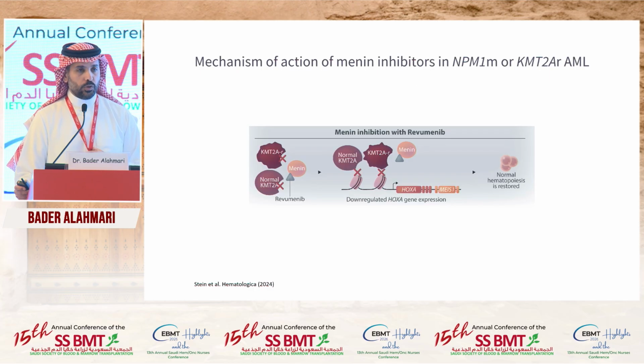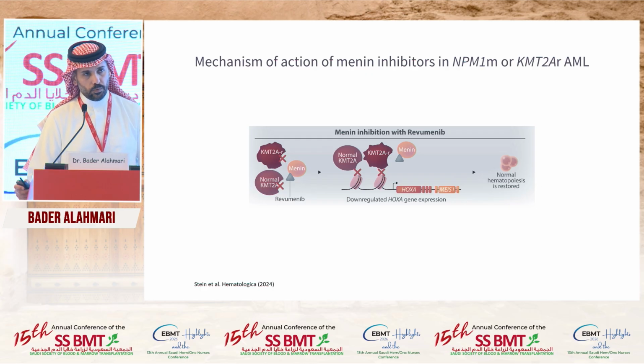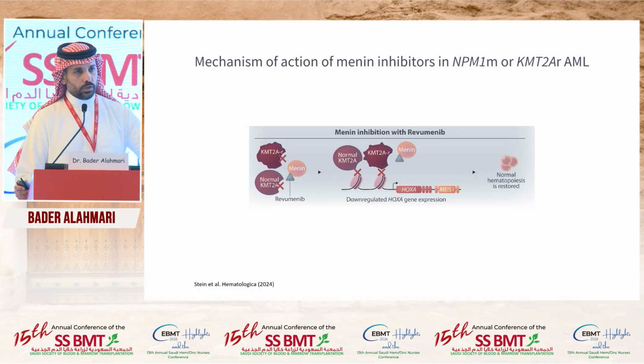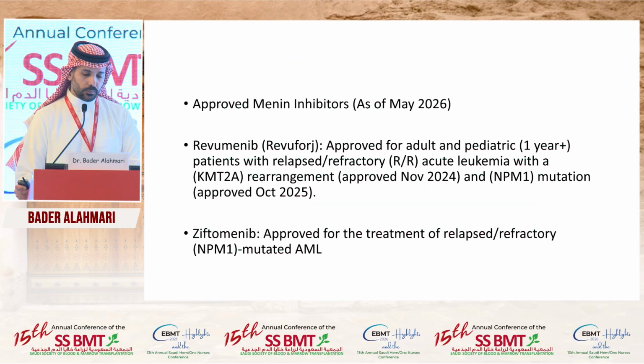So whenever you introduce a Menin inhibitor and remove Menin from the equation, there will be no interaction between either the normal KMT2 in case of NPM1 mutated, or the KMT2 rearranged, with the HOX genes. So you will restore normal hematopoiesis and stop the differentiation arrest.